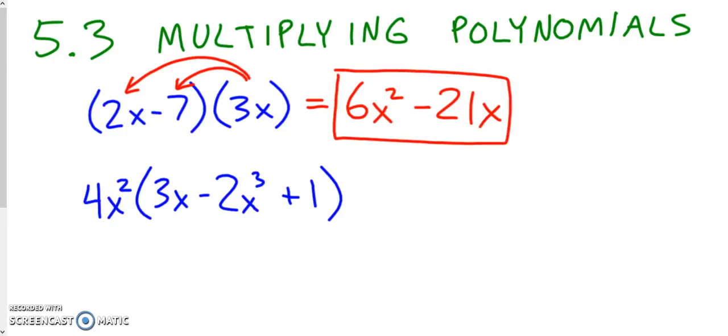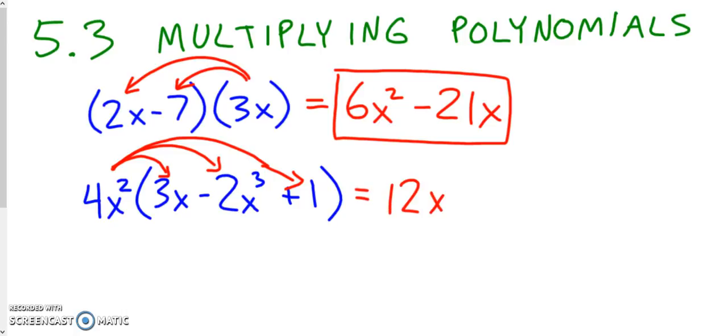Now, this next piece, notice that the monomial is at the front, but still the same principles apply. Take the monomial, multiply, and distribute to the whole set of parentheses there. 4x squared times 3x is 12x cubed, because remember, x squared times x, you multiply them together, you get x cubed.